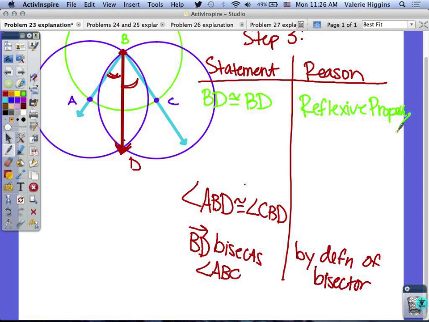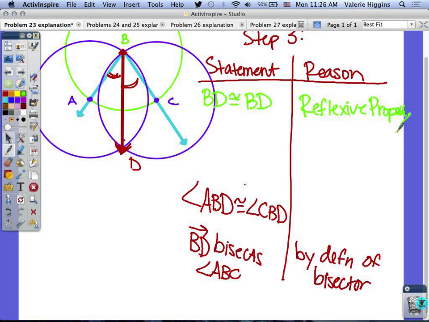Reflexive property should be in your notebook, so it can be a reason. Remember, reflexive property means that anything is congruent to itself. So I can make this statement, but then I have to have my reason.